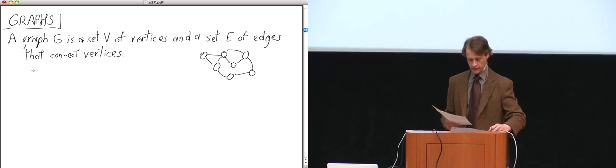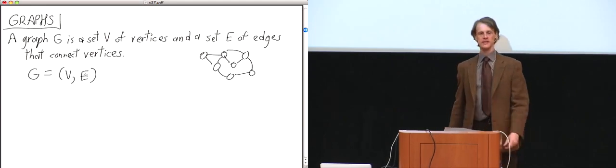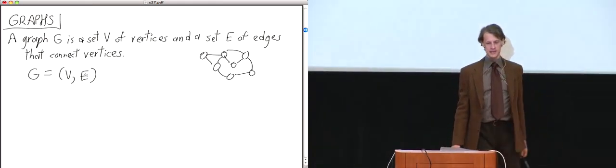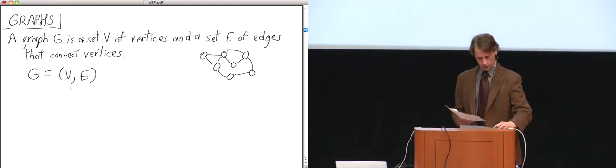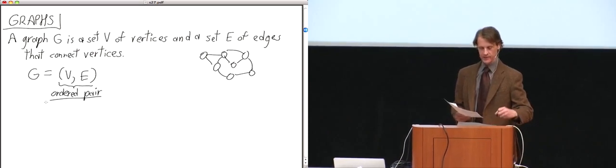And we have a notation that mathematicians like to use for graphs, which is we write G equals, open parenthesis, V comma E, close parenthesis. And this VE is what's called an ordered pair, which sounds a lot deeper than it actually is.